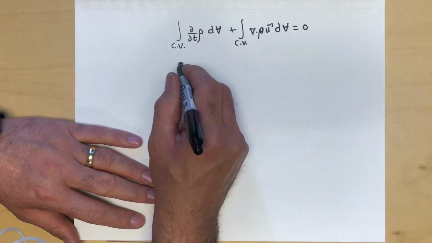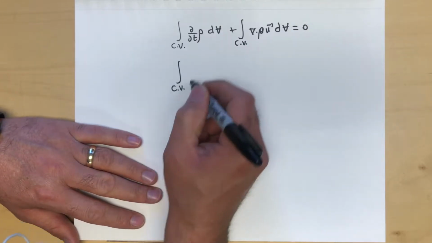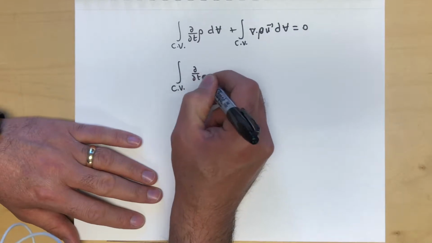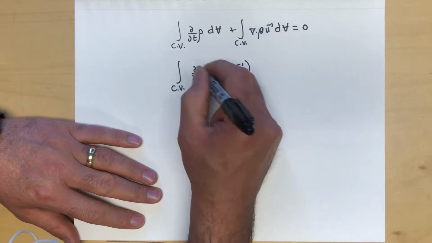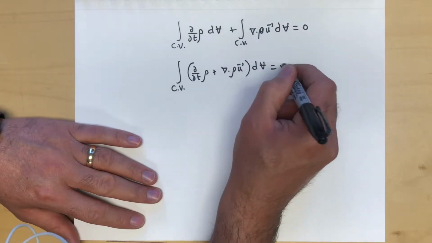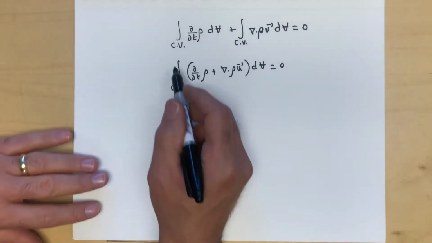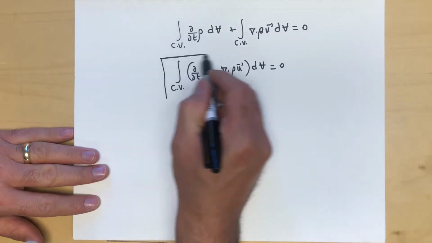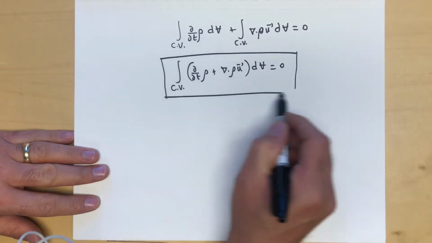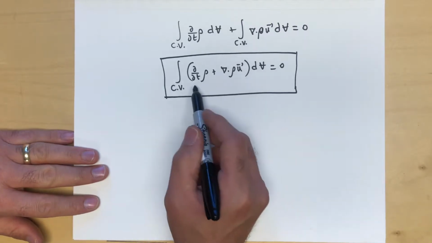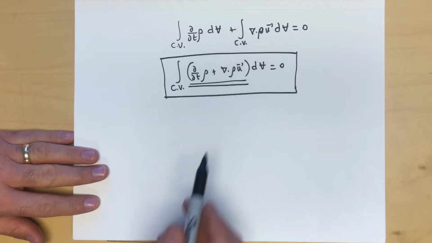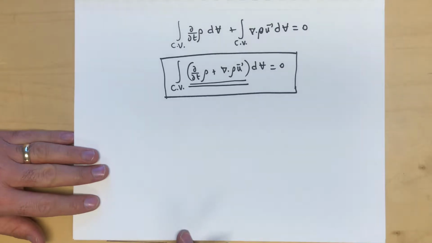Let's combine both of these into a single integral over the CV of partial rho/partial t plus div rho u, dV, equal to 0. Now I'm going to make a claim here and say that the only way that this is equal to 0 is if the integrand is equal to 0.